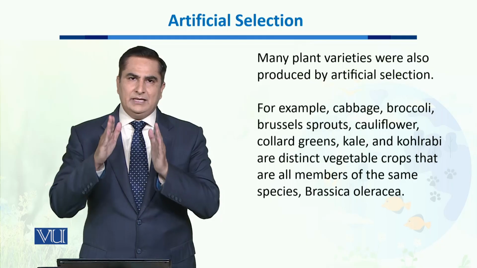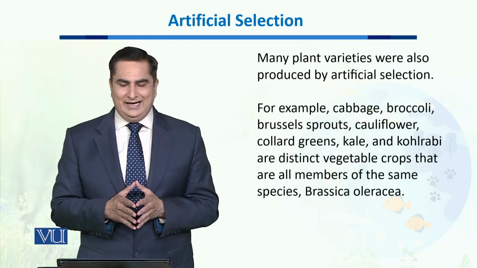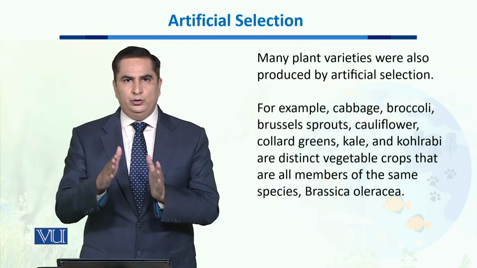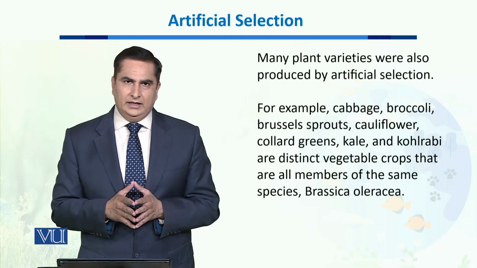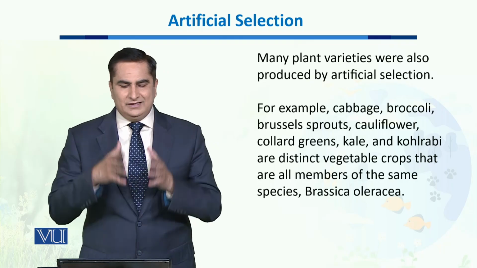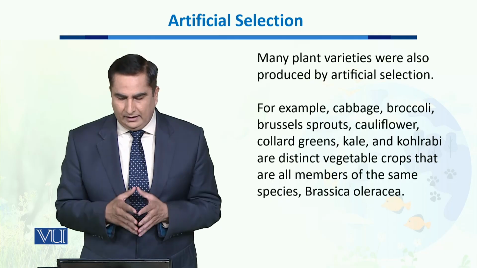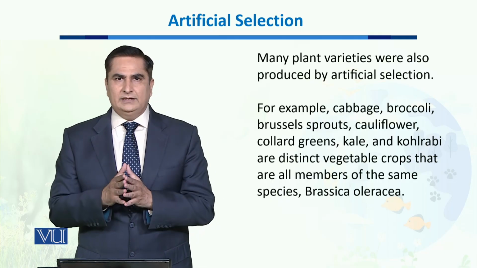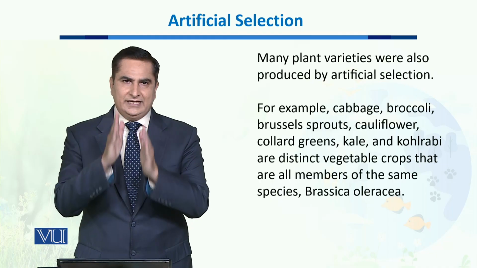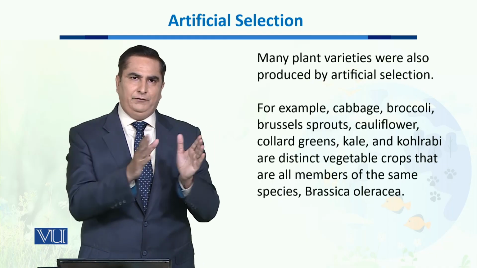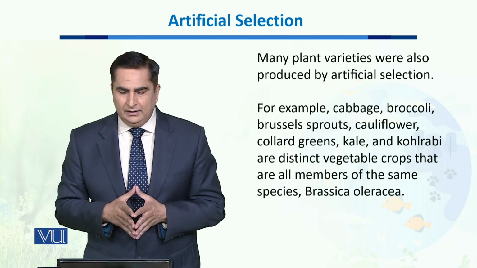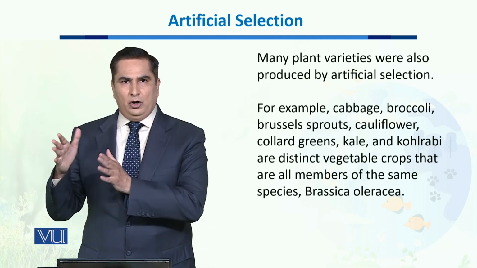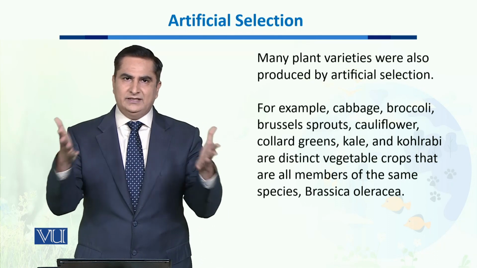Similarly, many plant varieties have also been produced by artificial selection. For example, we have the same species, Brassica oleracea, but through artificial selection, we have very different types. Cabbage and broccoli are the same species, but you can see the difference.